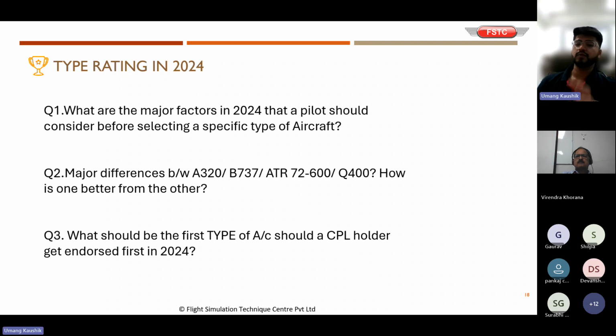You guys were saying that you will get stuck on one type of aircraft. Once you sign a bond with one airline for one aircraft, you're stuck with one aircraft, one airline. But once you've done your type rating, you are open for that type of aircraft, but for all the airlines. You can apply anywhere.